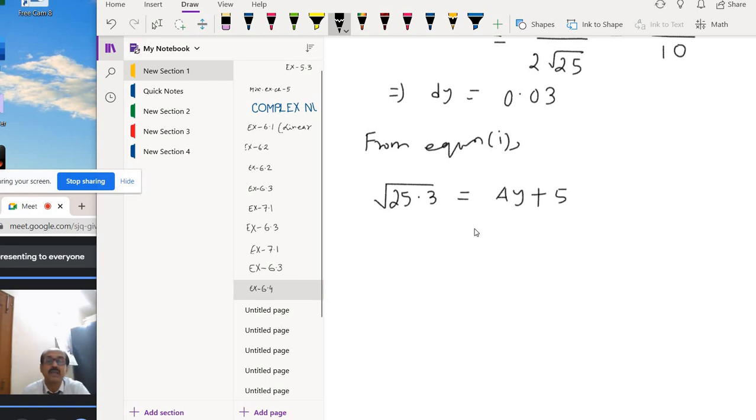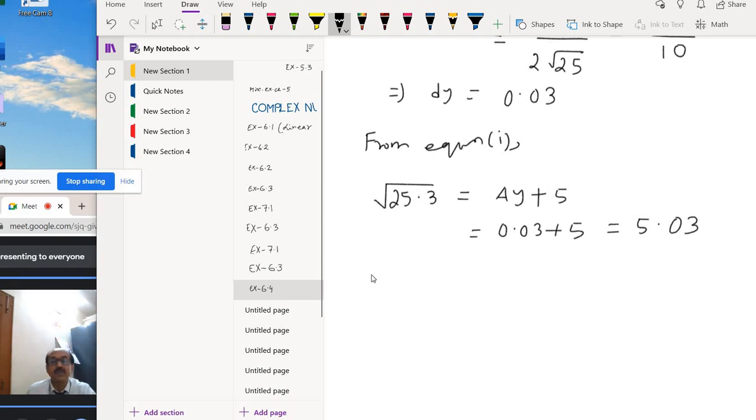So delta y and dy are the same, so equal to 0.03 plus 5, equal to 5.03. So this is the approximate value.